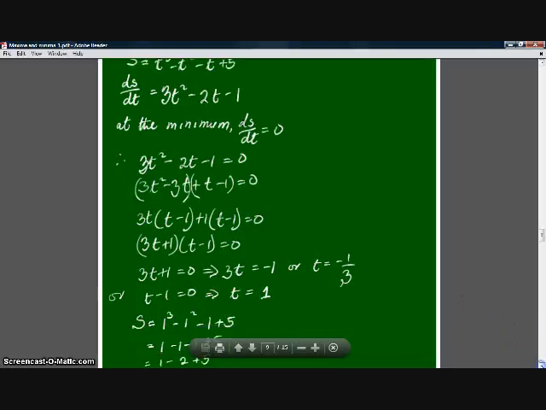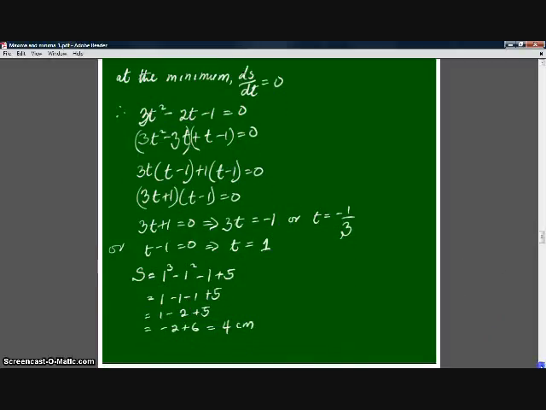So one way to look at this is to assume that t can never be negative. So if we take t is equal to 1, then you substitute into the expression of the distance.